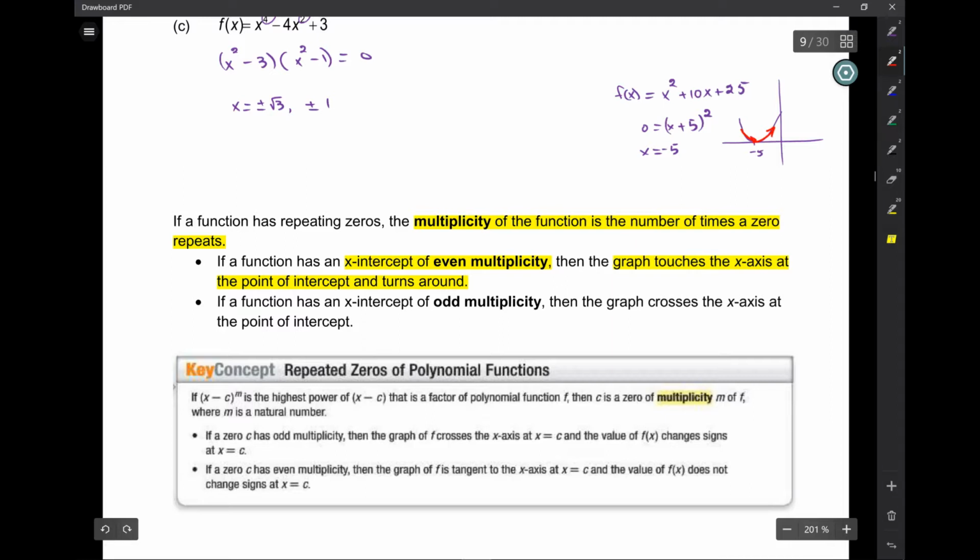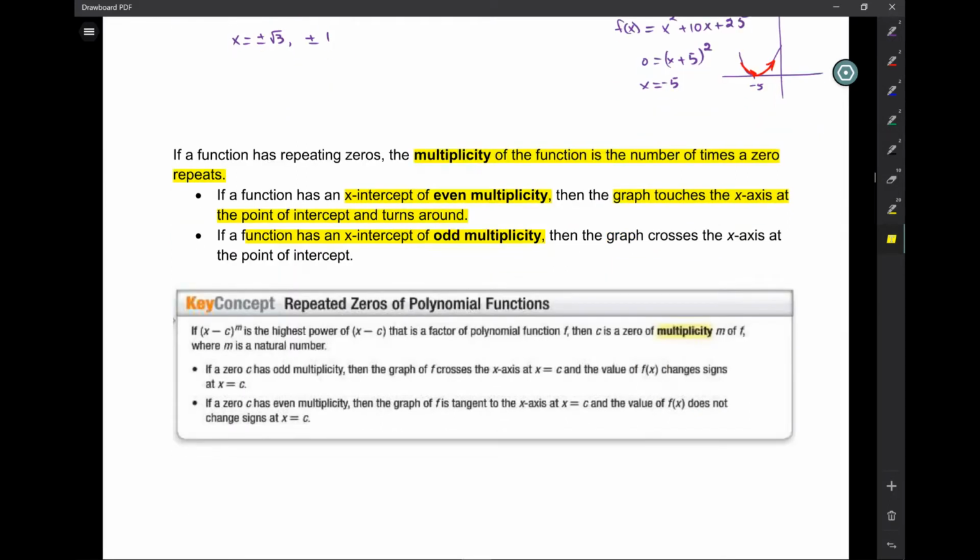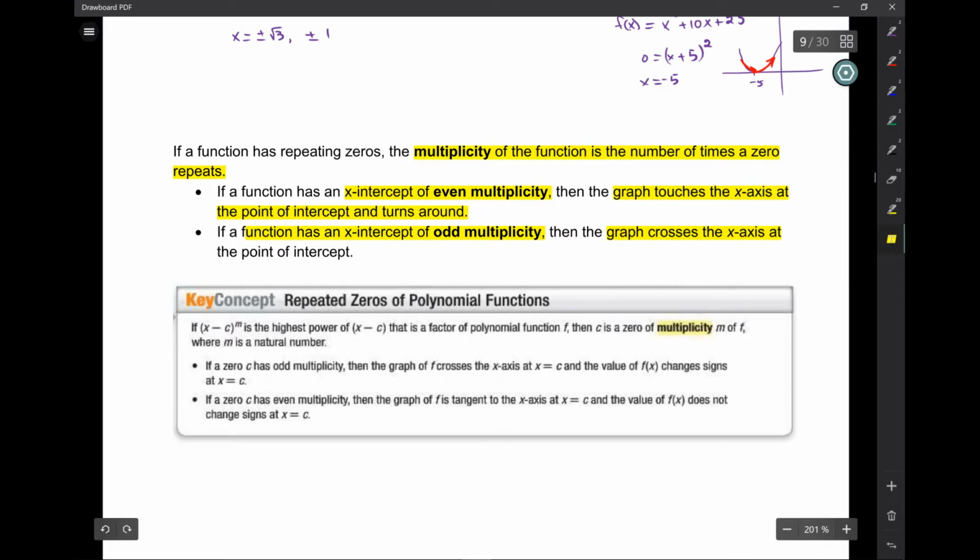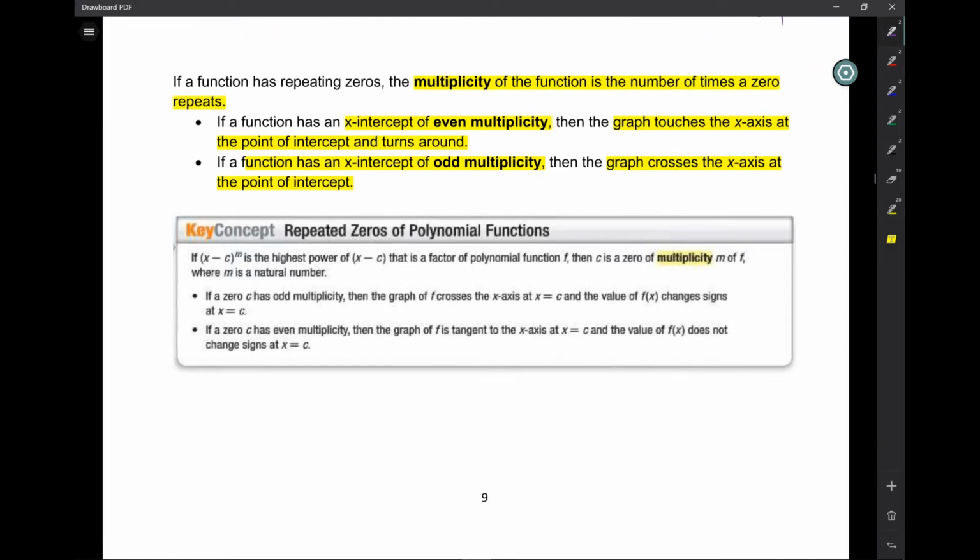If a function has an x-intercept of odd multiplicity, then the graph crosses the x-axis at the point of the intercept. So if it was x plus 5 to the power of 3, then it would have crossed the x-axis. All right? So if it was x plus 5 to the power of 3 at negative 5, it crosses the x-axis.